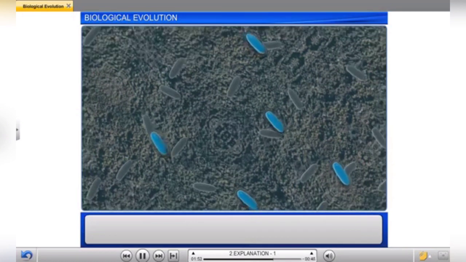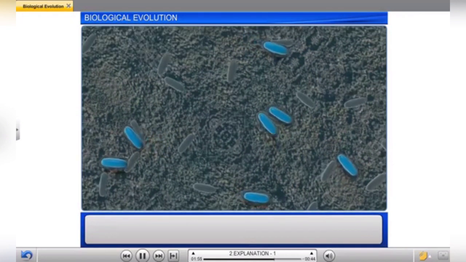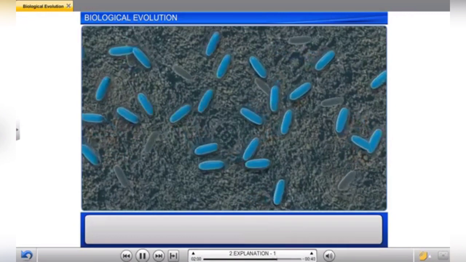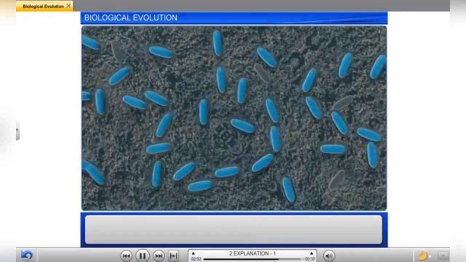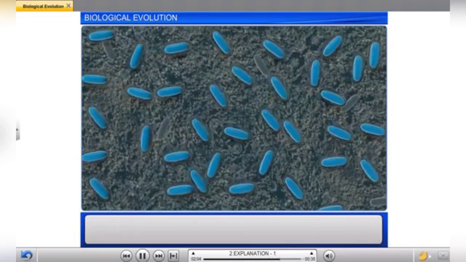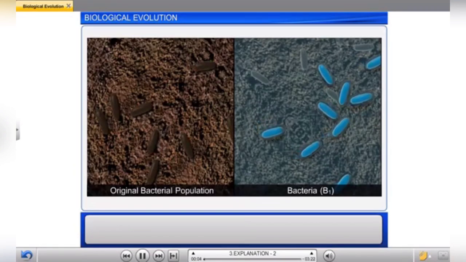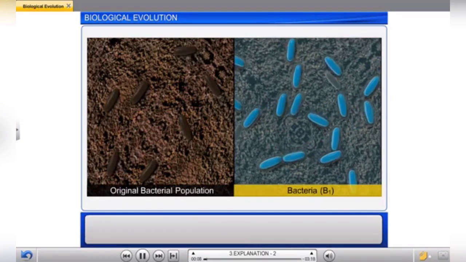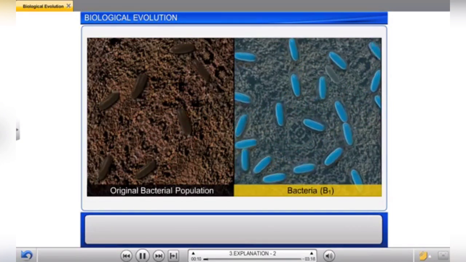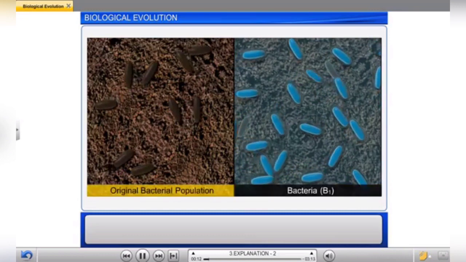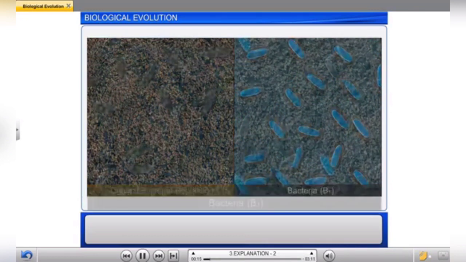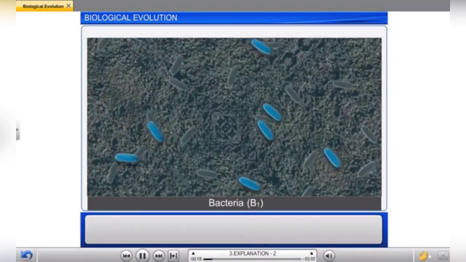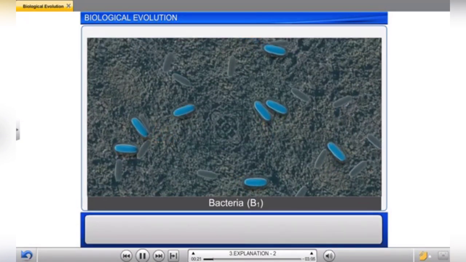In a matter of a few hours, this variant population will breed further, pass on their new traits, and establish themselves as a completely new species. In the case of the bacteria, the variant bacterial population B1 had greater fitness to adapt itself to the new environment than the original bacterial colony. This ability to adapt itself lies in the genes of an organism and is inherited.